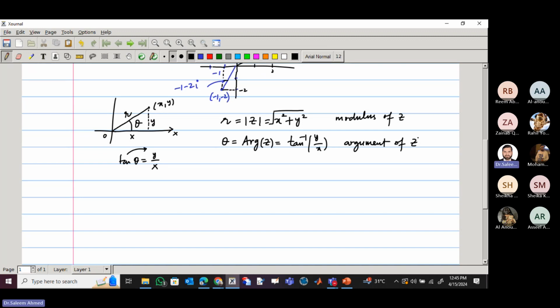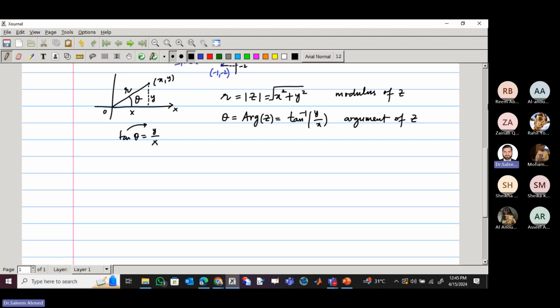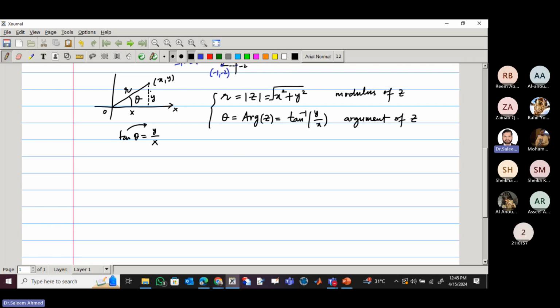So if you have a modulus and argument, we can write the polar form. You remember when you have x, y, theta, then in polar coordinates, x can be written as r cos theta and y can be written as r sin theta. So these r and theta are also the coordinates of the same point, which are called the polar coordinates. x, y are called Cartesian or rectangular coordinates.